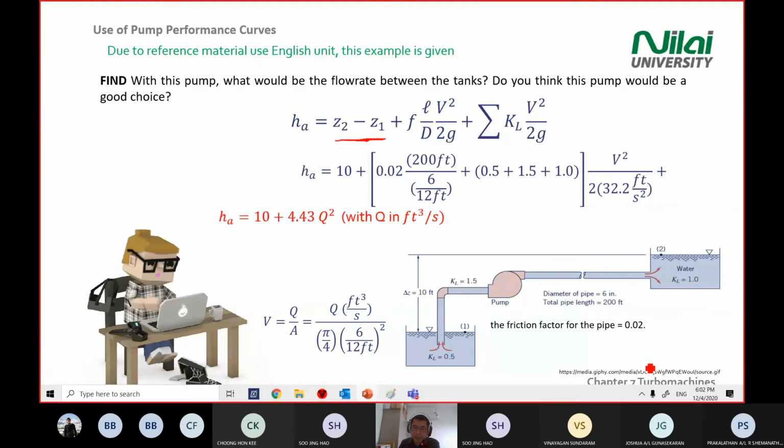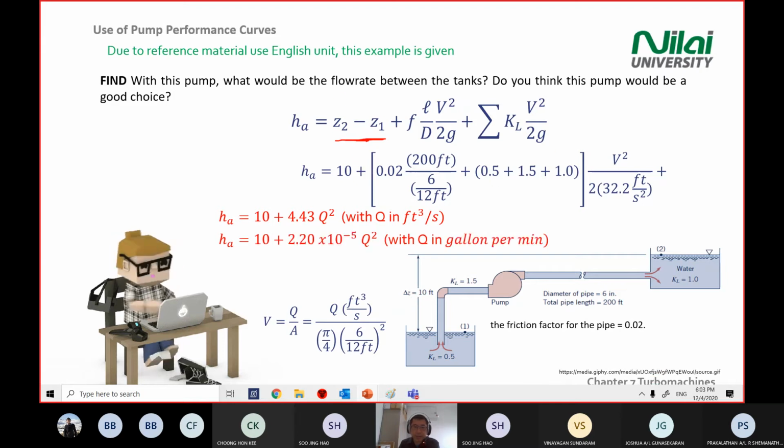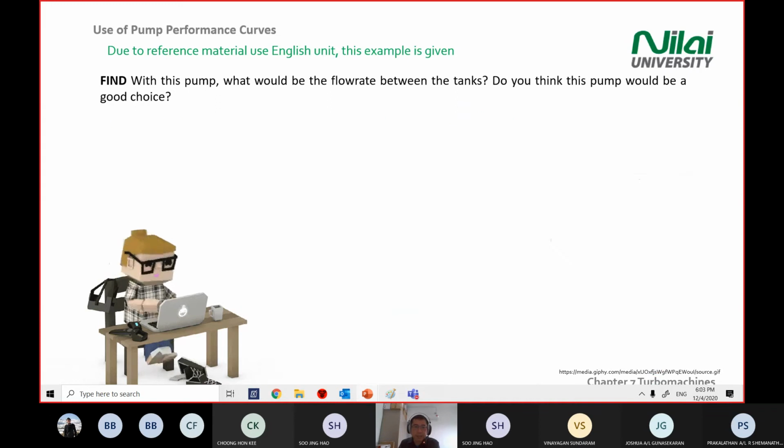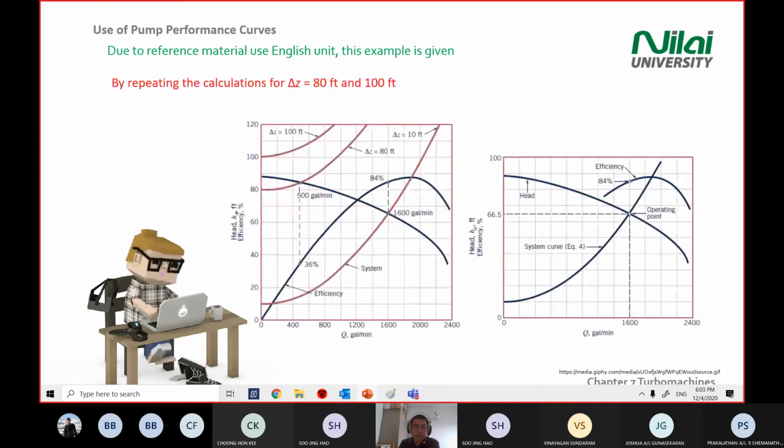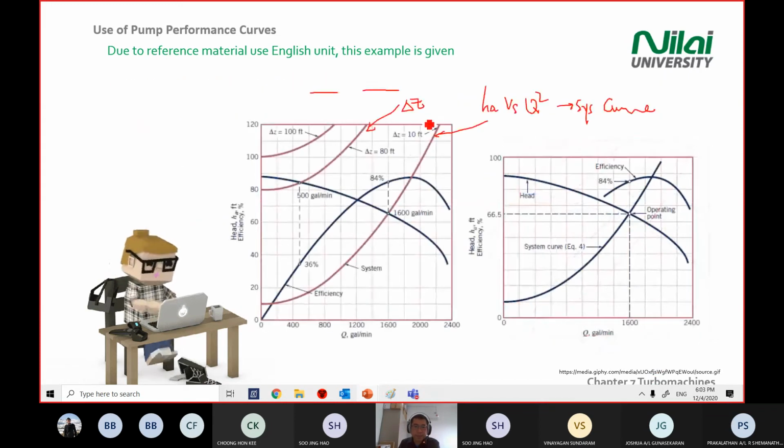So what happens if I bring my tank lower? Meaning our delta Z will be negative. So this equation can calculate this curve. This is the first system curve that we plotted, and then we change the equation by changing the delta Z to 80 feet and 100 feet.